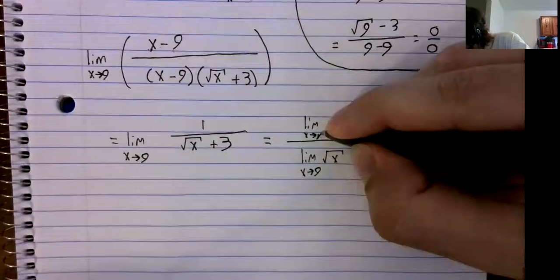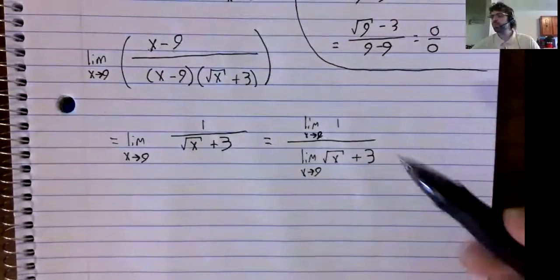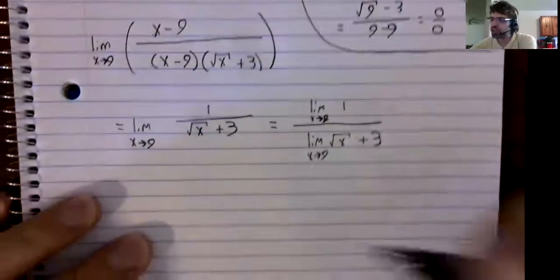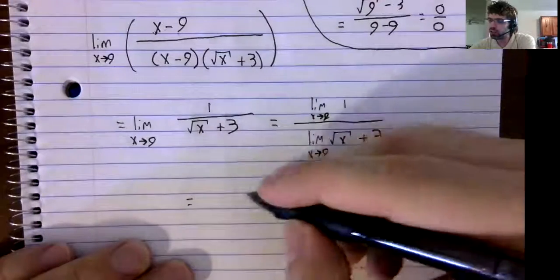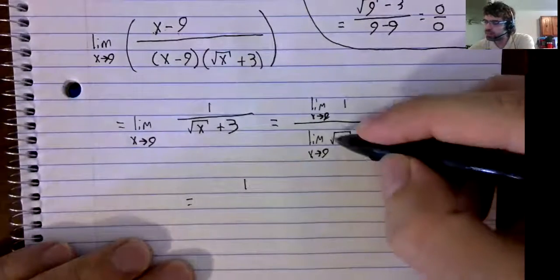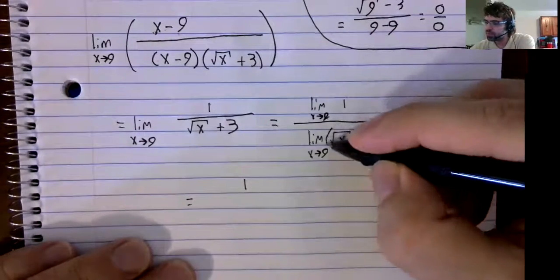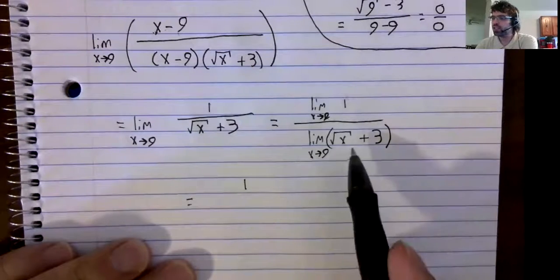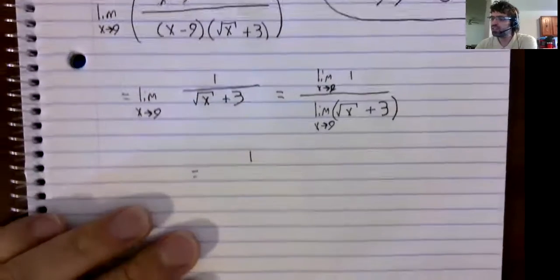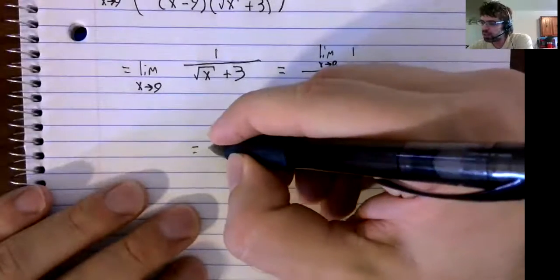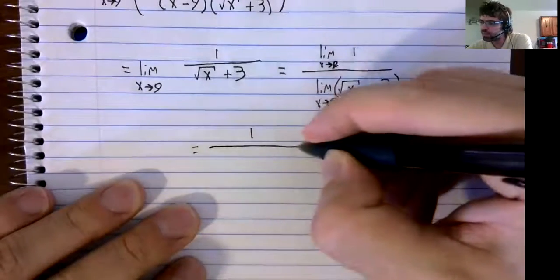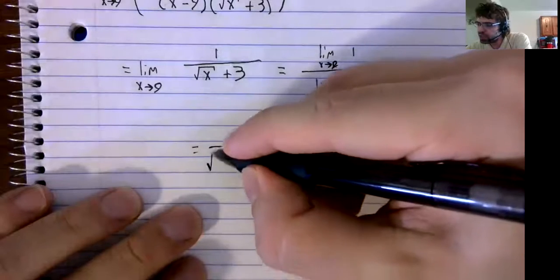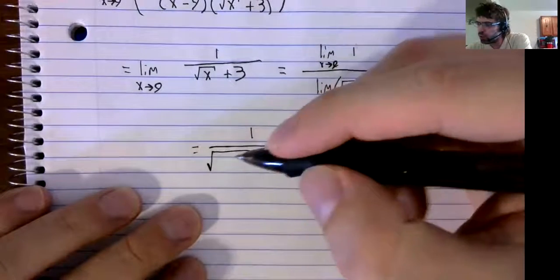Sorry, this should have been a 9 there. The limit of this constant function is the constant. The limit of this sum is the sum of the limits. And let me maybe speed this up a little.